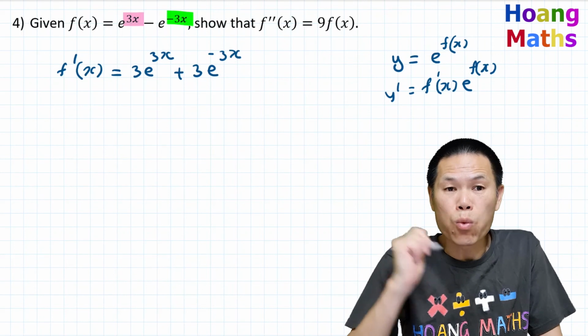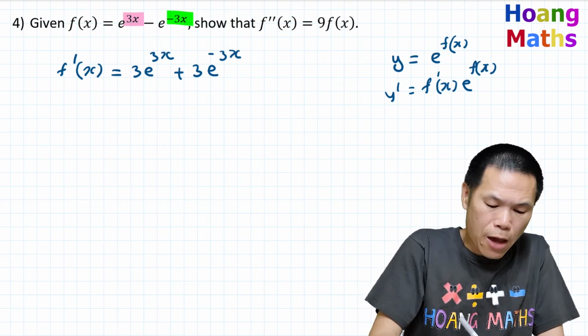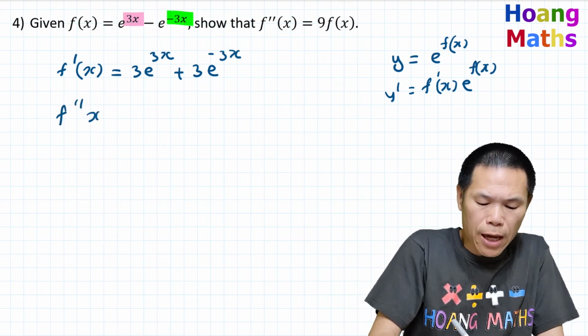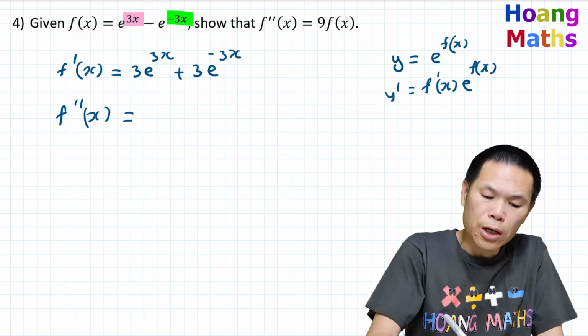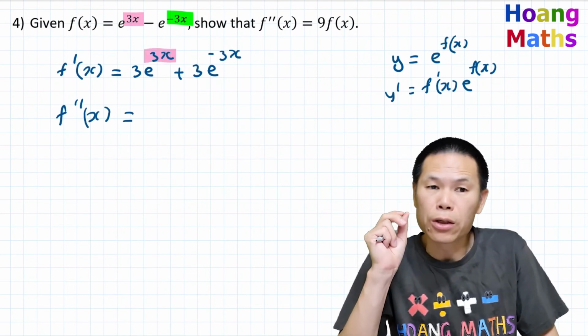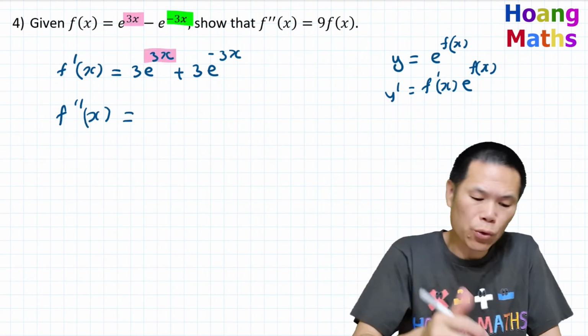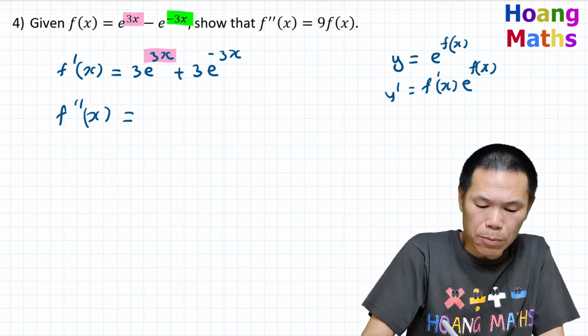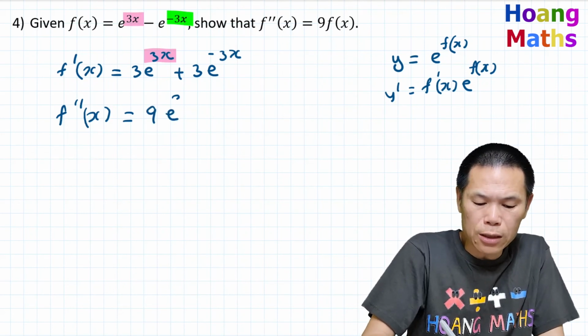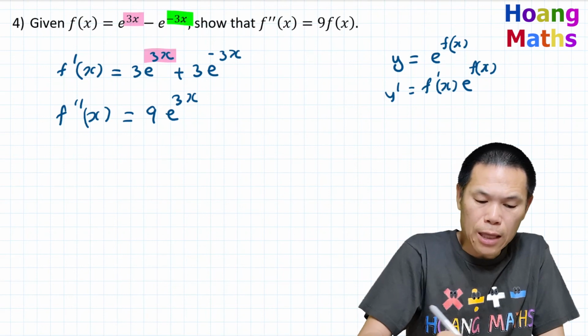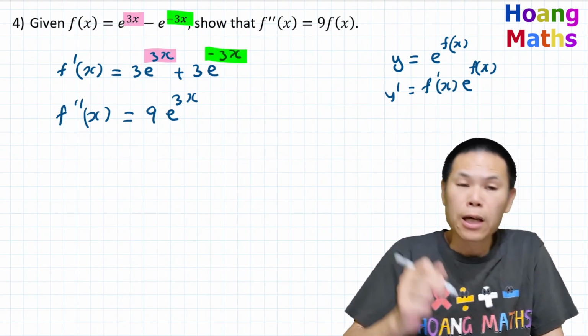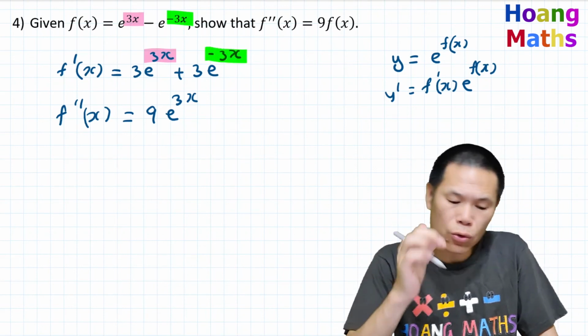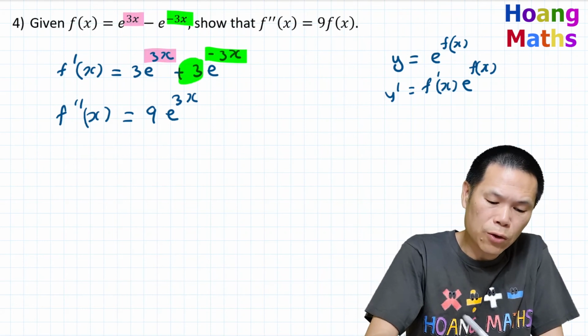Now I differentiate one more time. So f double dash of x is equal to, so to differentiate this, that becomes 3. And 3 times 3 is 9. So that becomes 9 e to the 3x. And then we differentiate this, it gives me negative 3. So negative 3 times this 3 here gives you negative 9.